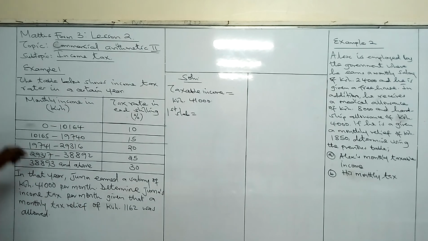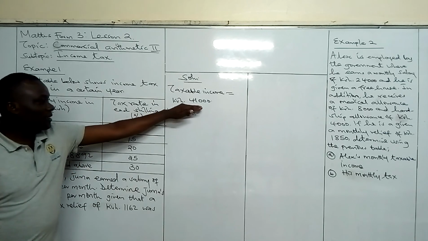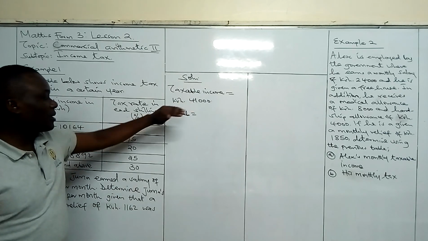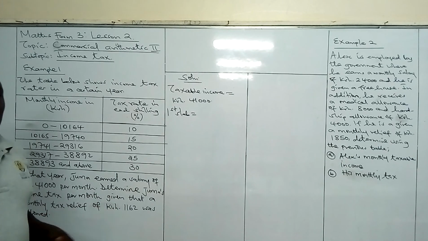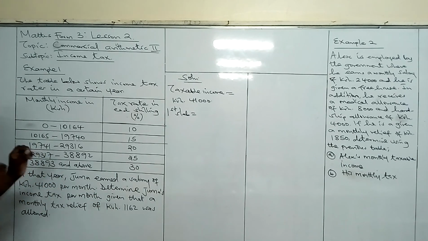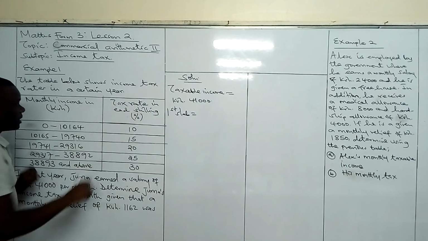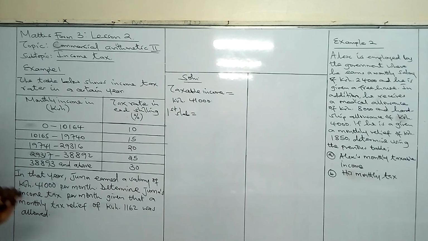If we were to be given income tax per annum, then we could be forced to convert this particular basic salary, which is per month, to per annum. So that's why it is very important that you read the taxable income rates table.